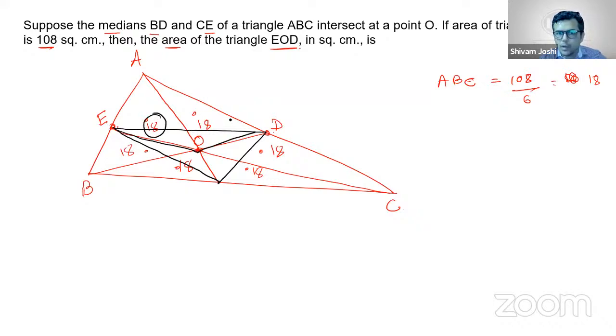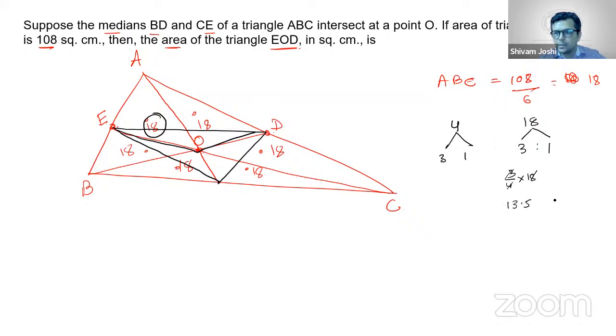Earlier there was 4 here. We split that as 3 and 1. Correct. This one is 18. We have to do a similar thing here, which is splitting it as 3 and 1. Right. So this is 3/4 of 18. And this 18, threes are 54. 54 upon 4, that is 13.5.